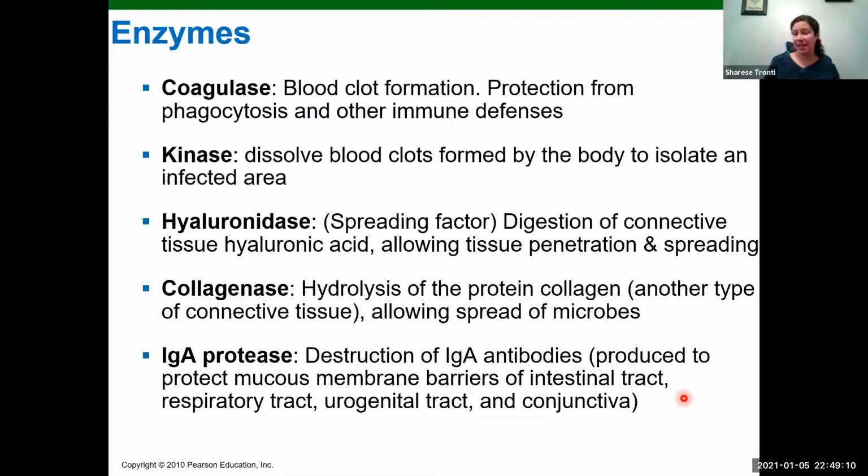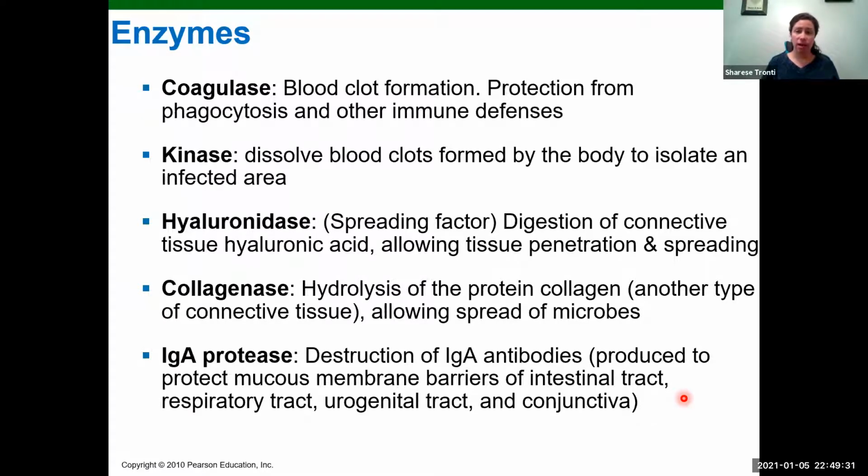On the other hand, the body can also use blood clots to help isolate microbes. This is one of the host defenses: it will use blood clots to isolate an infection in a certain area to keep it from spreading to the rest of the body.